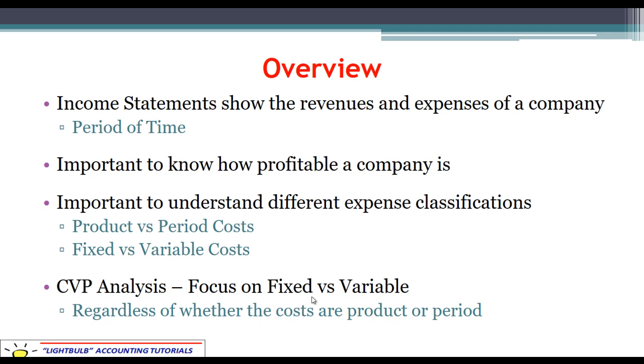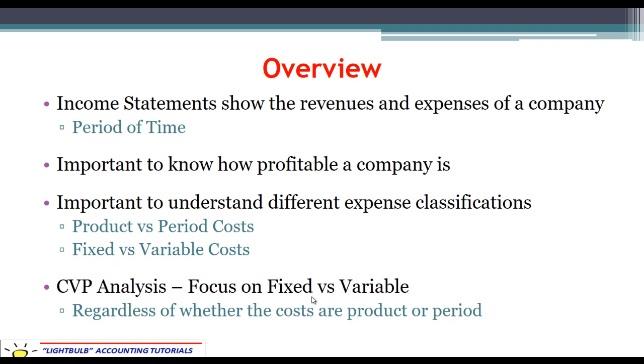Now, in understanding the different types of income statements, it's first important to understand the different expense classifications. We have a variety that we've gone through in other lectures, but the two we're going to be talking about here today are the product versus period costs and the fixed versus variable costs. So what we're going to see is that these two classifications give us two different types of statements. Each of them uses one of these two different types of classifications.